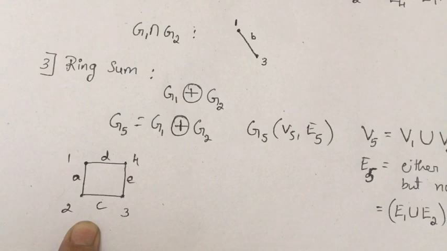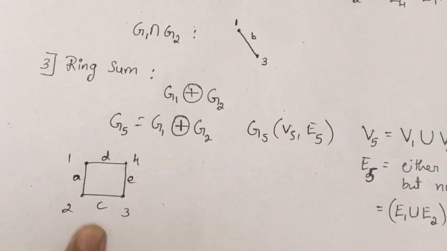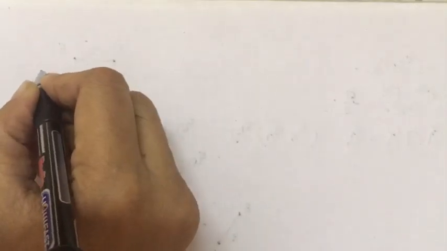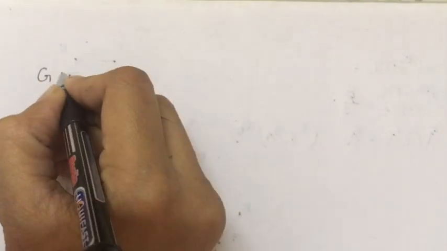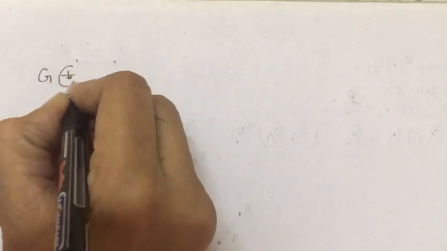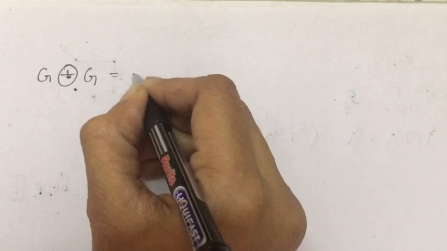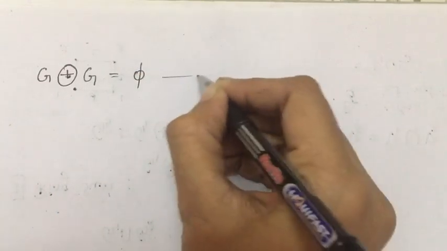G1 ringsum G2. Now you can observe a few things in this. One thing is, if I have a graph G and I take the ringsum of G with G, then I'm going to get a null graph.